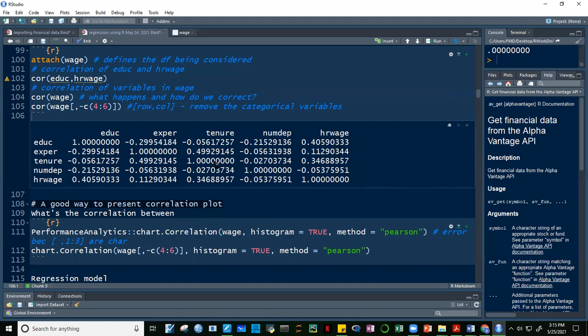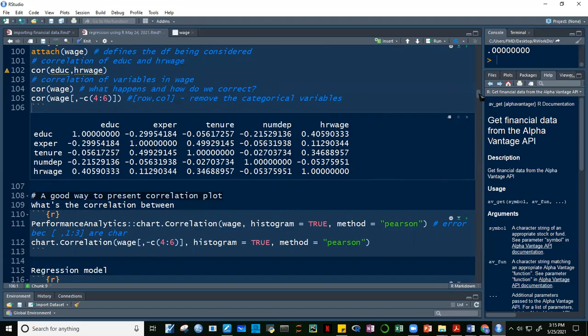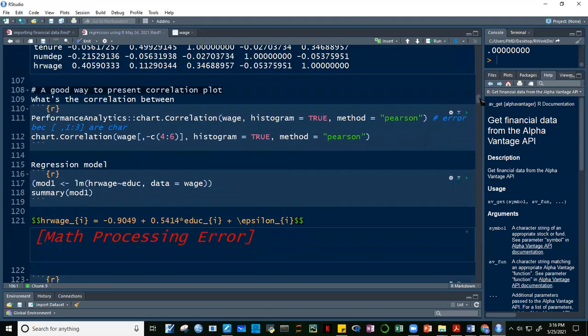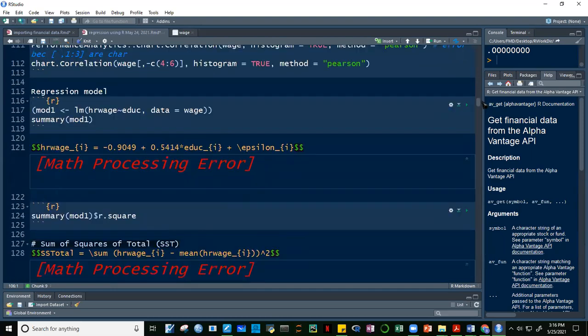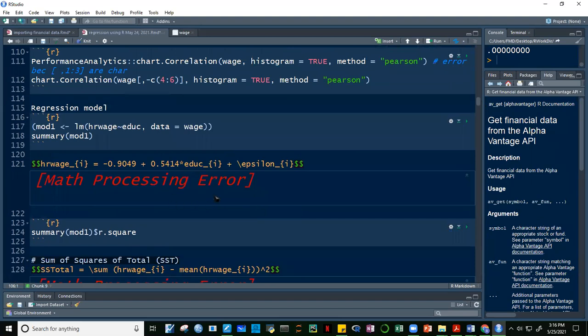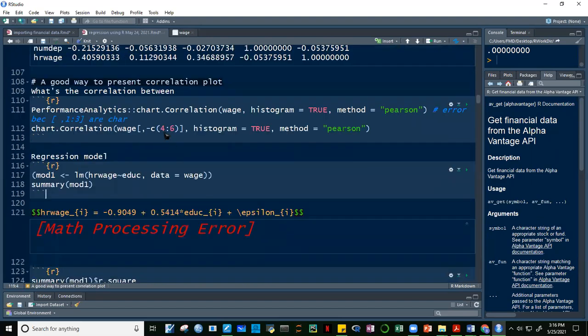Okay, so that's why we're using education first as our first variable to try to describe hourly wage using simple regression. Okay, there's another good way to, okay, nagkaroon ako ng math processing error. Okay, anyway. Okay, there's a good correlation chart making use of the performance analytics.